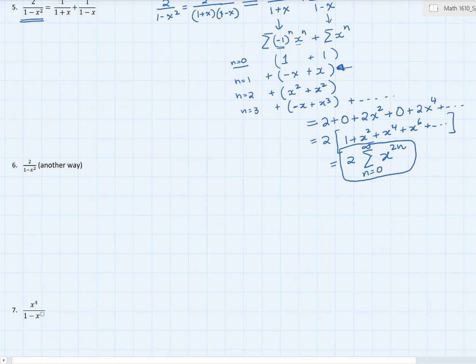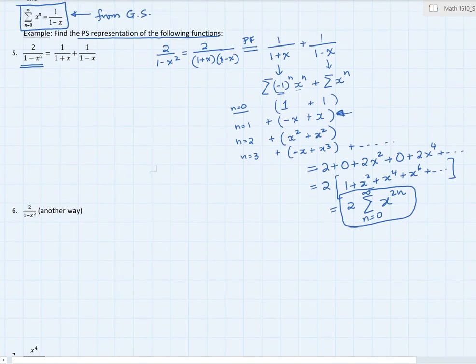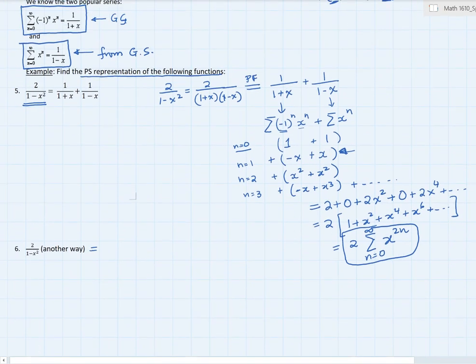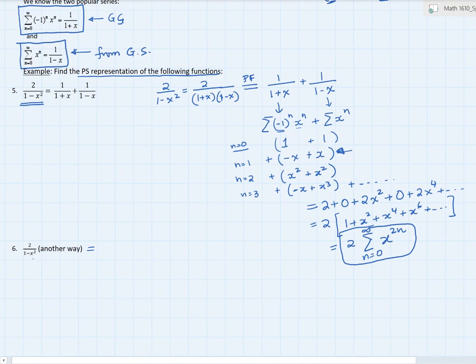Now we can do the same question another way. I want to write the power series of this. The trick here is to see what this is similar to. Now this is very similar to this one. What I'm saying is the series of x to the n is 1 over 1 minus x.